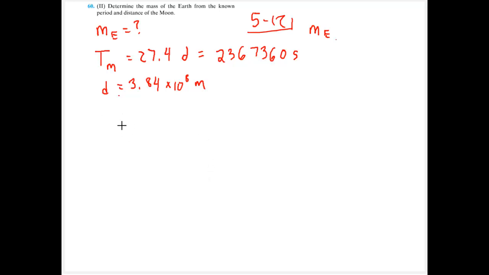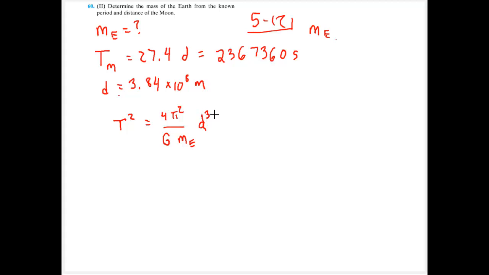And Kepler's third law is going to relate the period squared to be equal to 4 pi squared divided by big G times the mass, in this case the Earth. That's the mass of the body that you're rotating around, and then the mean distance cubed.